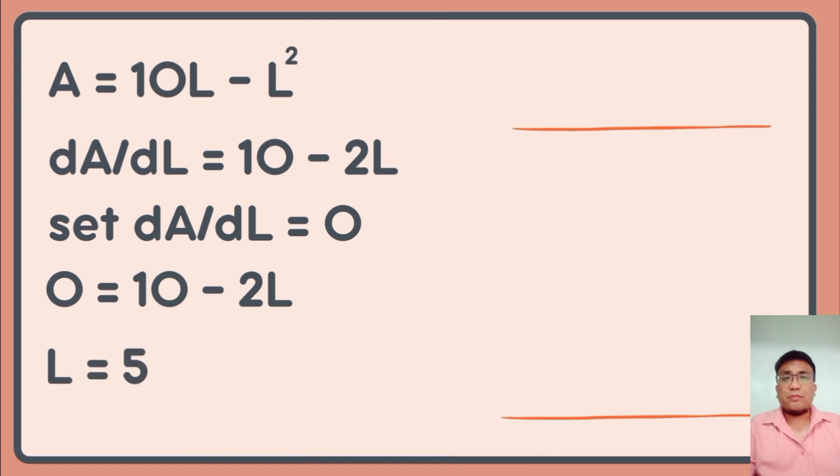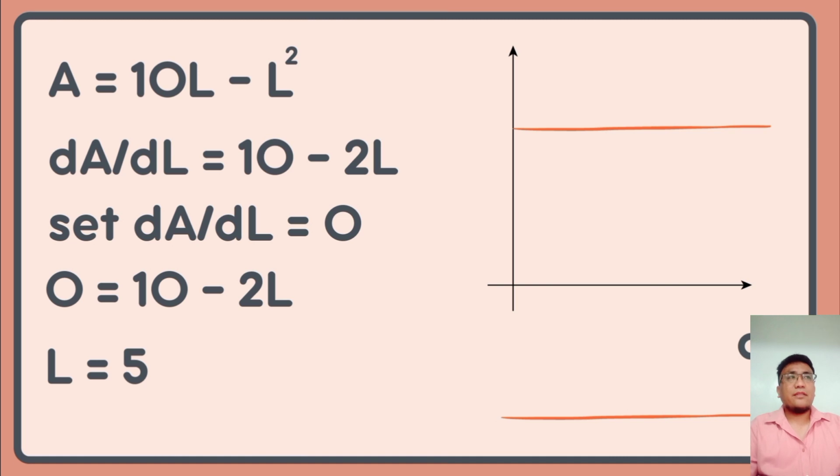So I will explain further what is happening here. We have a Cartesian plane. The x-axis we substituted with the derivative of L, or the length, the change in length. And then the y-axis is substituted by the value of dA, which is the derivative of the area.